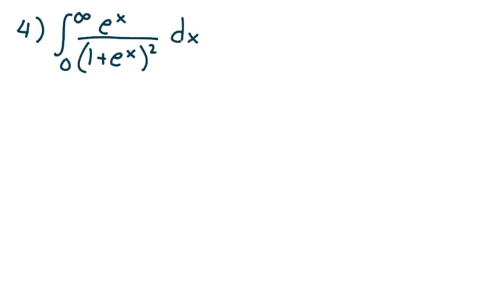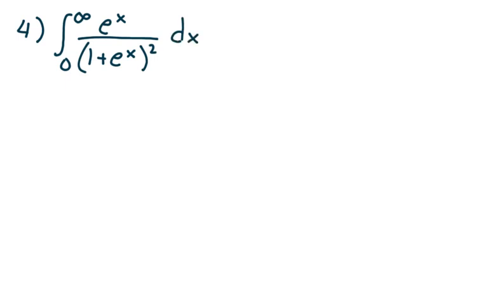Suppose I ask you the following. Suppose I had the integral from 0 to infinity of e to the x over 1 plus e to the x raised to the second power dx.